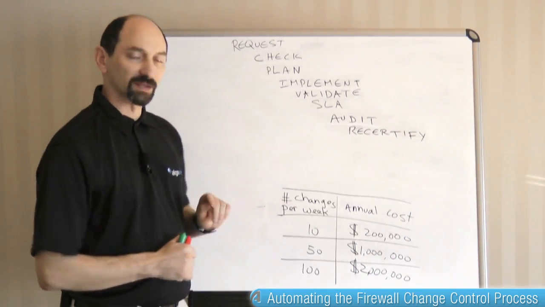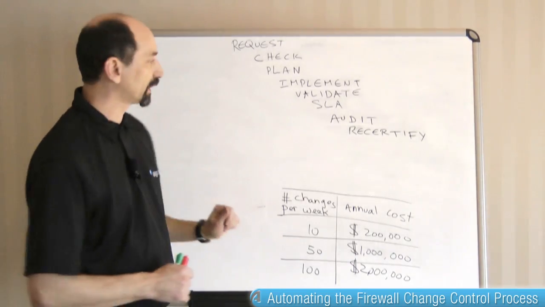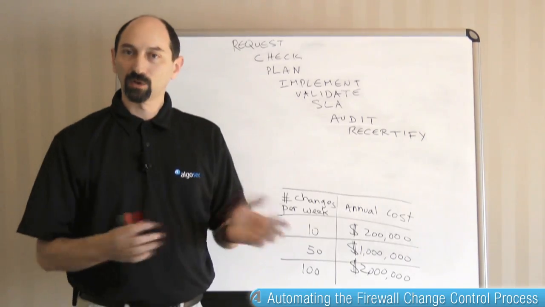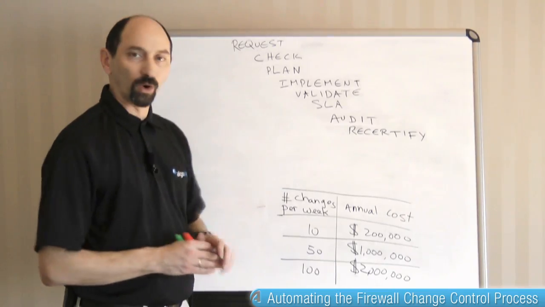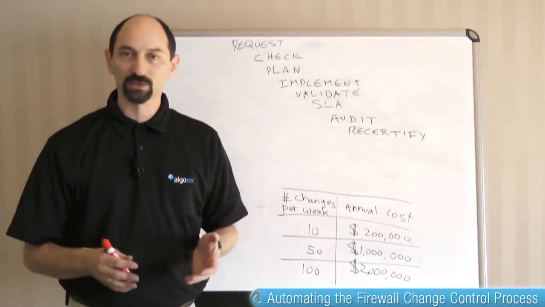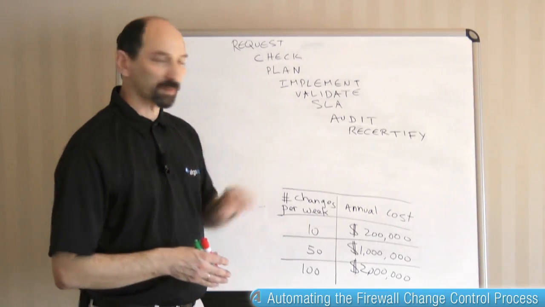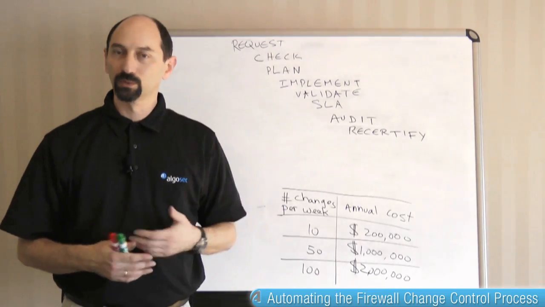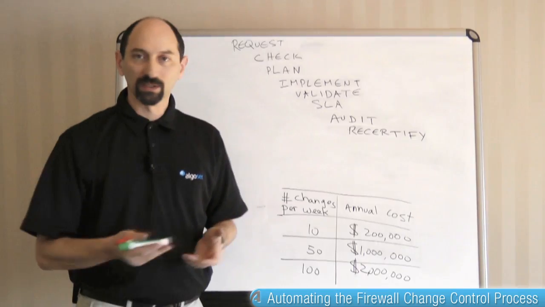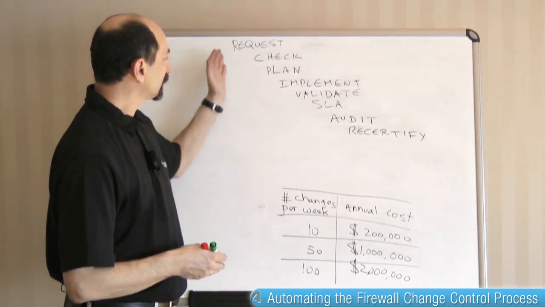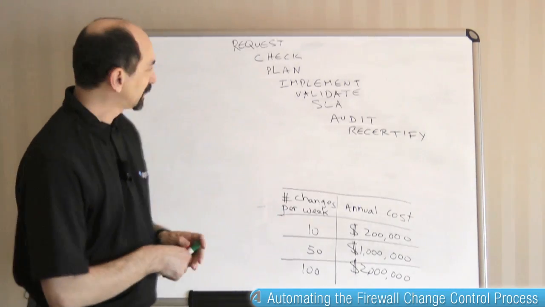You need to validate that the change was done correctly, that exactly what was requested was in fact implemented, no more and no less. You need to measure how long the process took so that you can be in line with your SLAs. Eventually, you need to audit the change to be able to demonstrate that the change was done for a good business reason. And you probably need to recertify it after a year or two. You need to find out whether you still need that traffic allowed in your organization, or maybe you can eliminate that rule.